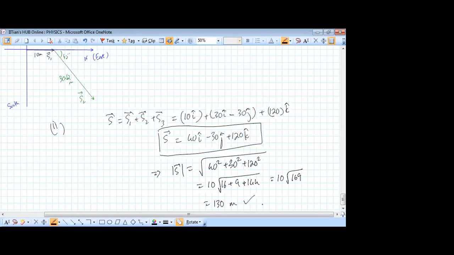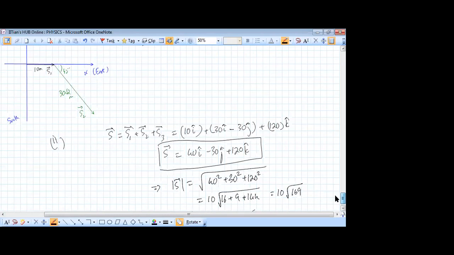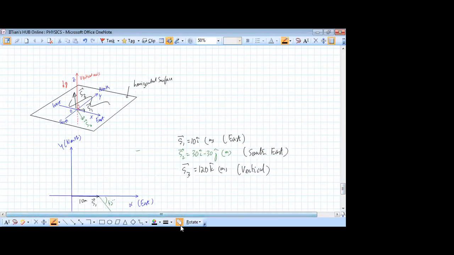So 130 meters, the net displacement. Okay, so this is the application of the three-dimensional vector algebra concept. Okay, so hope this is clear to all of you.